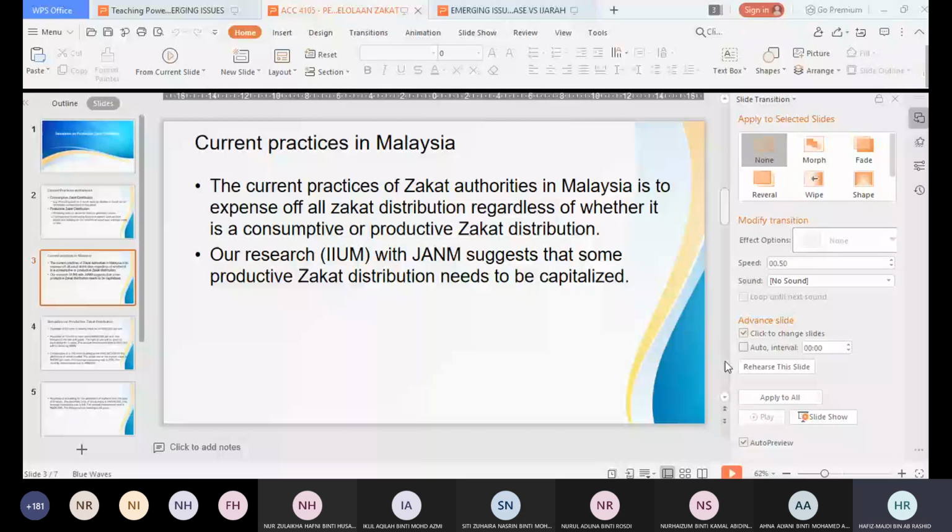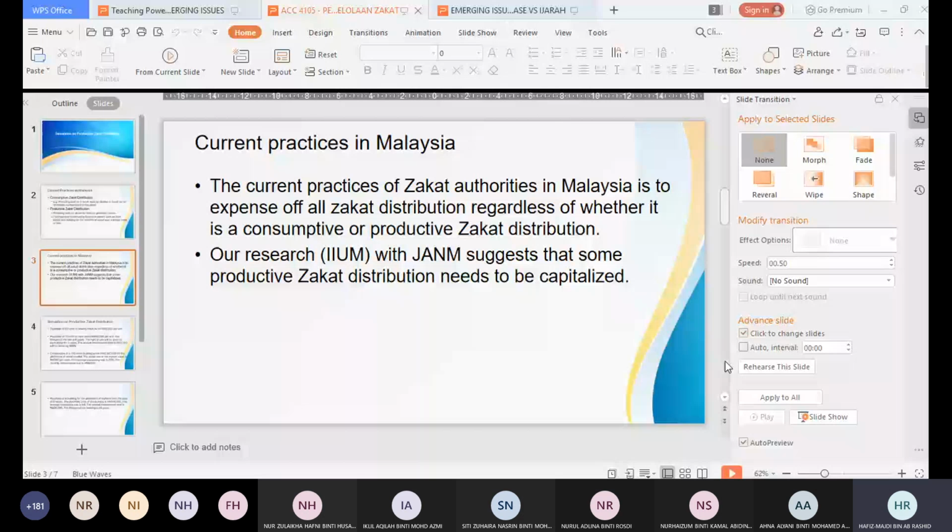What will be the problem if it is with regard to productive zakat distribution? Any view? What do you think will be the problem? Are you still with me? Or am I just talking alone? What do you think is the problem?